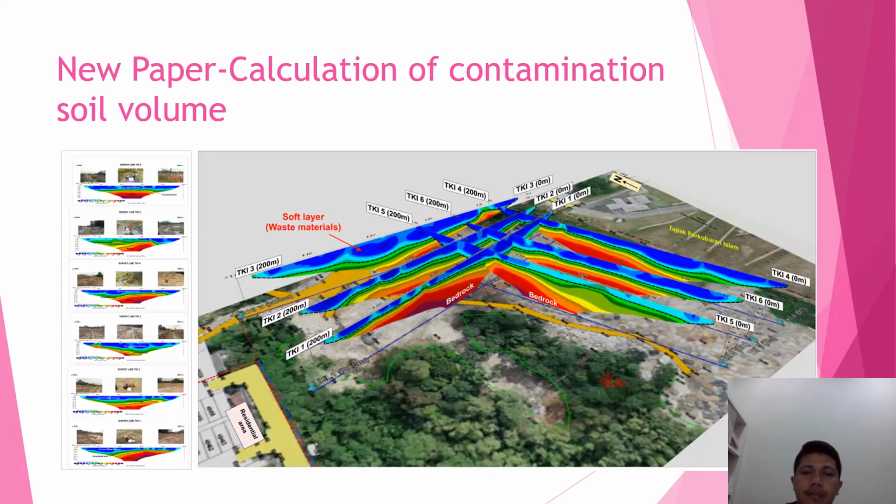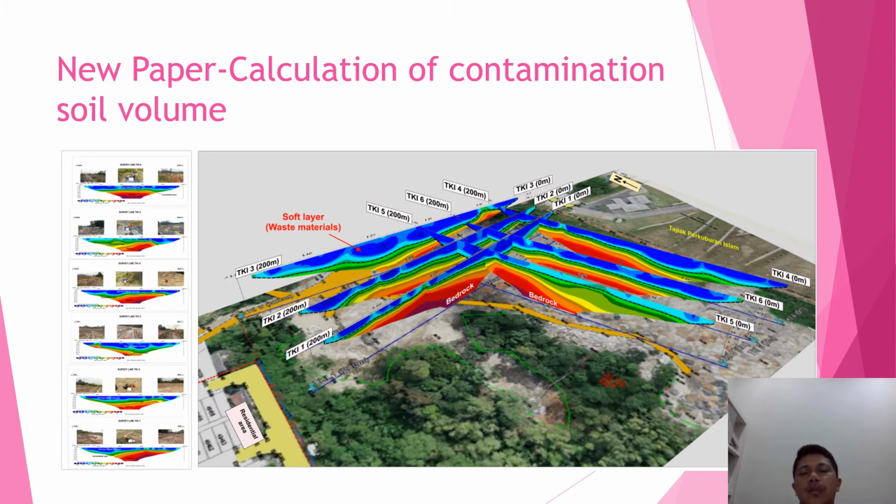All right. Okay, this is the summary for this site at Kepong last time. So we have around 6 survey lines, and then you can see at the top we have the soft layer, which we interpret as waste material, and then we have intermediate resistivity value with the green yellowish color, and then the high resistivity with the reddish color.